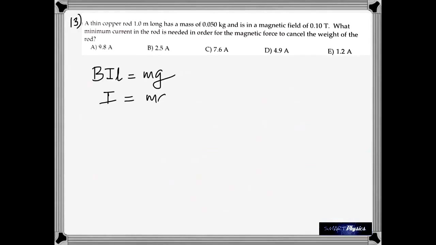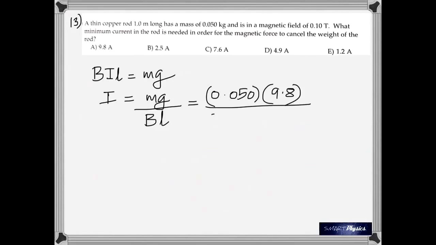So set them equal to each other because they are equal, and calculate the current. Mass times acceleration due to gravity divided by the strength of the magnetic field times the length. Get 4.9 ampere.